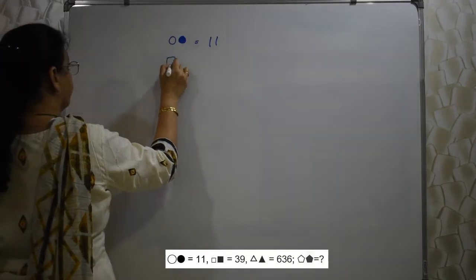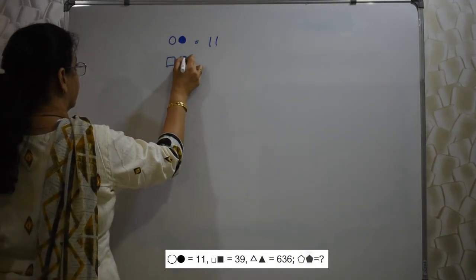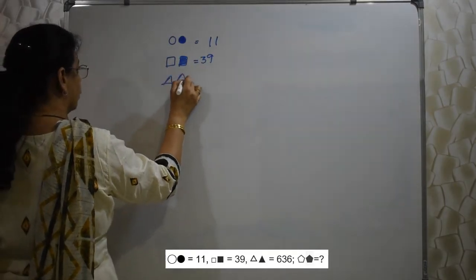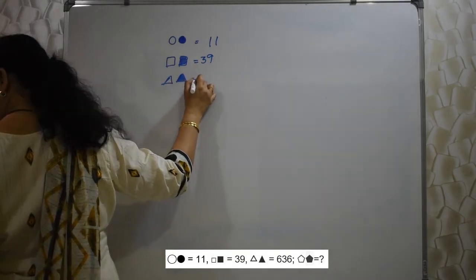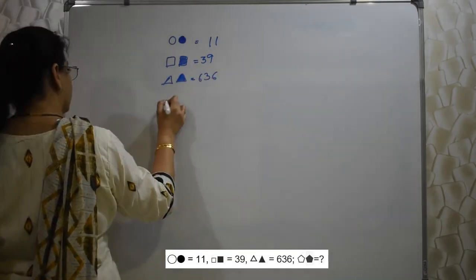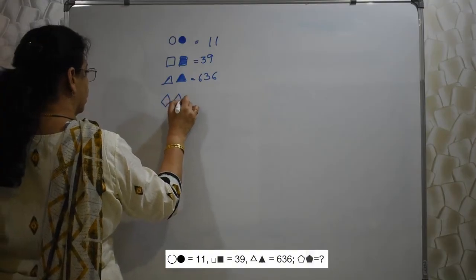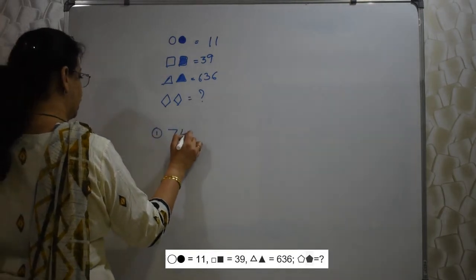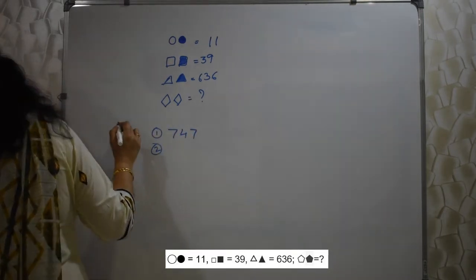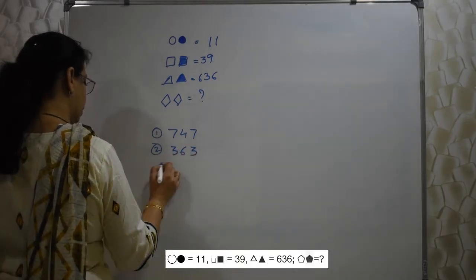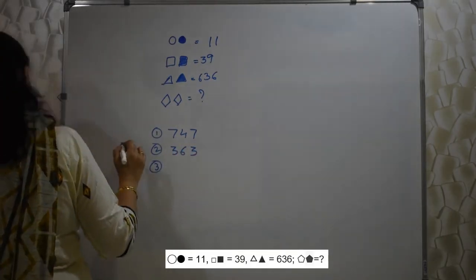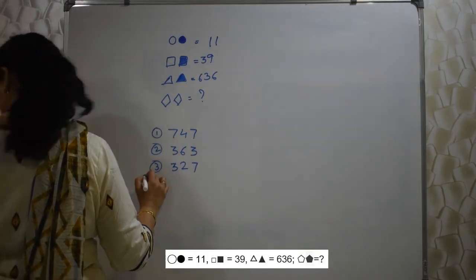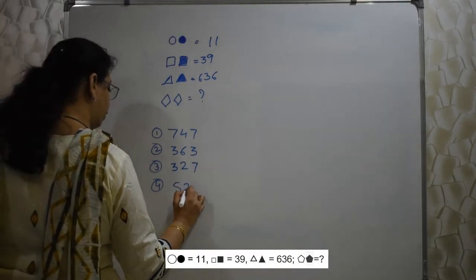Okay. Here we need to know the options. What is the first option? 747. The second is 363. Third one is 327. Fourth one is 525.